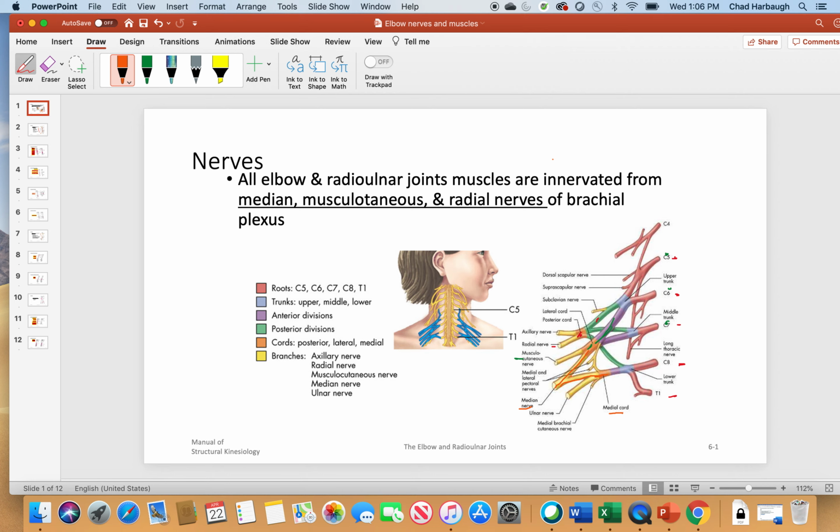So the median nerve is actually going to split or bifurcate and pick up the medial cord and the lateral cord, but the medial part is going to be predominantly with the anterior division of the brachial plexus. So it comes up here and picks up the anterior division of the brachial plexus. And then we see the termination point is going to be with the median nerve going from C6 all the way down to T1.